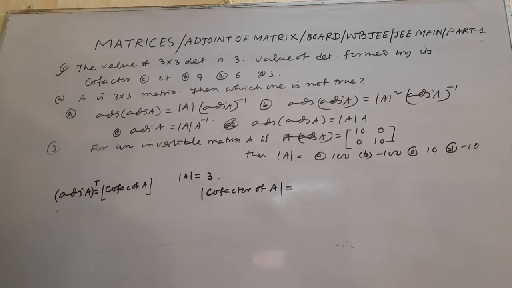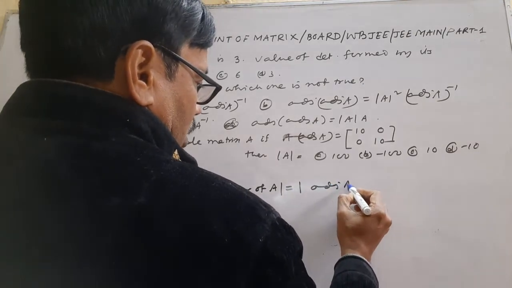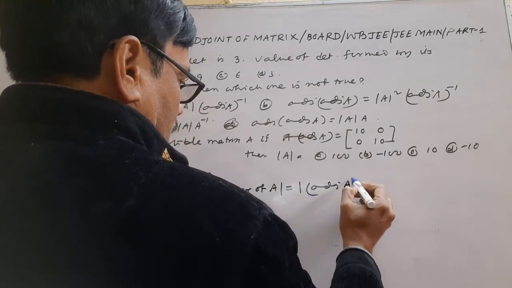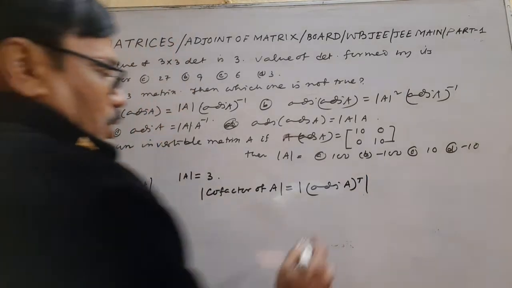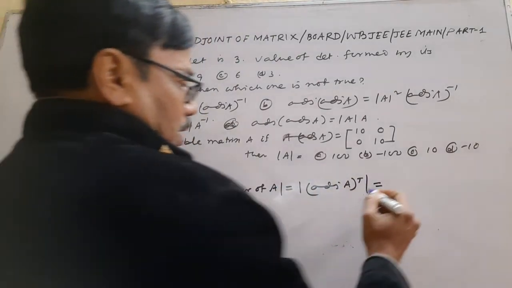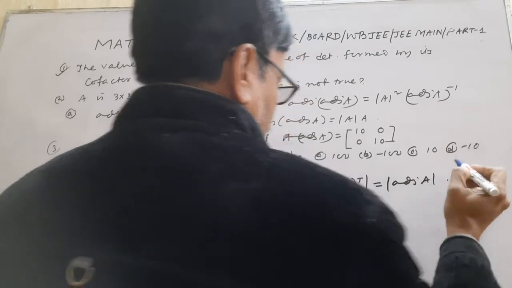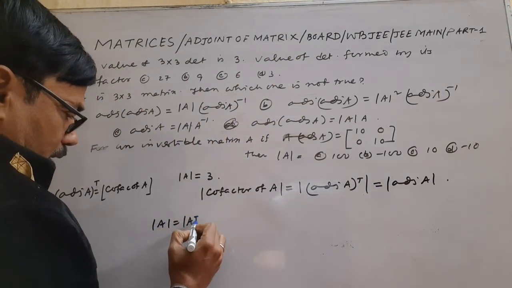So this is the determinant of the adjoint of A, transposed. The determinant of a transpose matrix equals the determinant of A, that is, determinant of A equals determinant of A transpose.